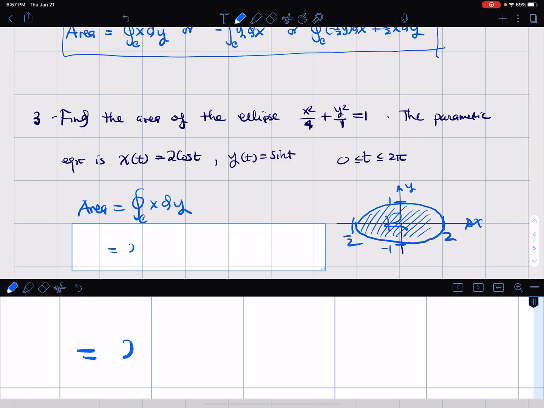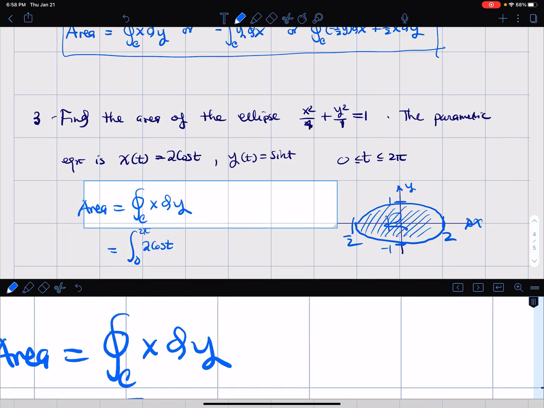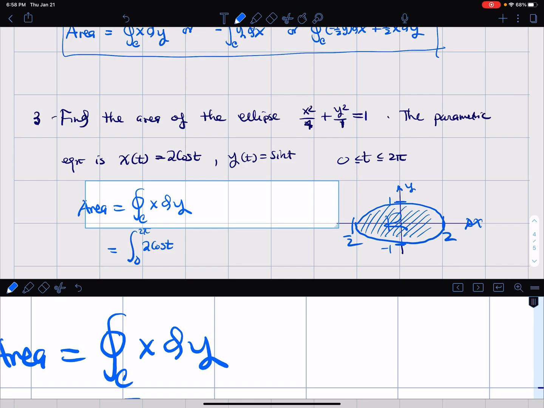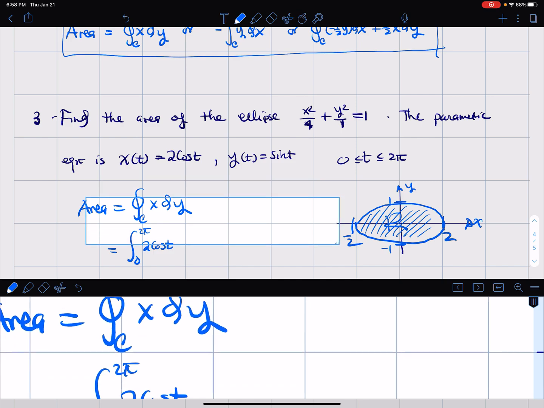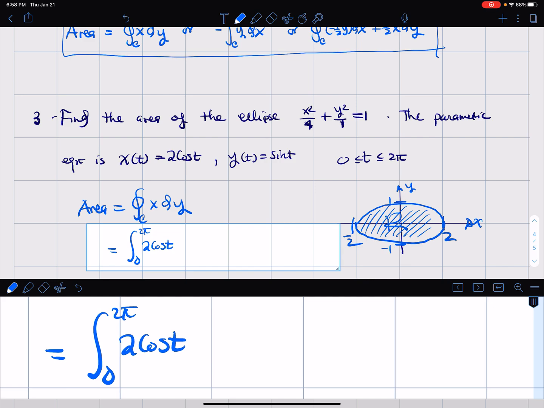Okay, that should give you the integral from 0 to 2 pi of x dy. x is 2 cosine t, and dy is what? dy is the derivative of y dt. The derivative of y is cosine t. Then we add a dt there.